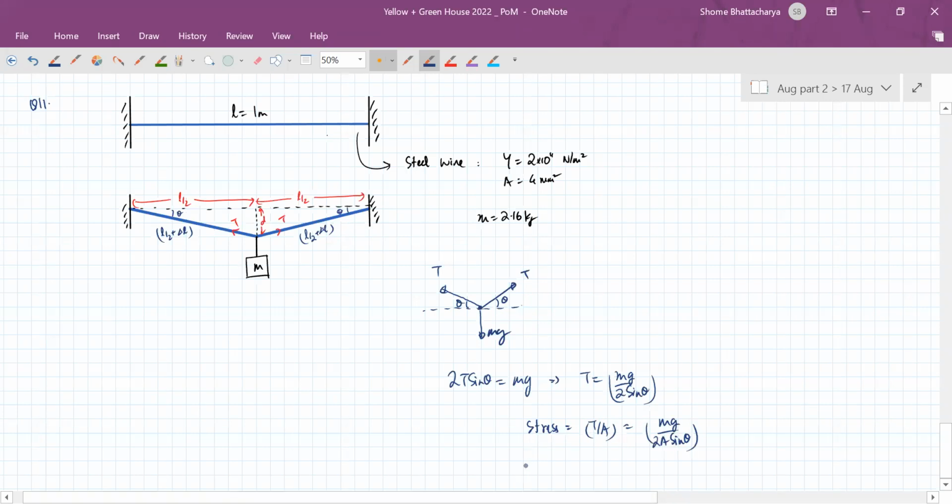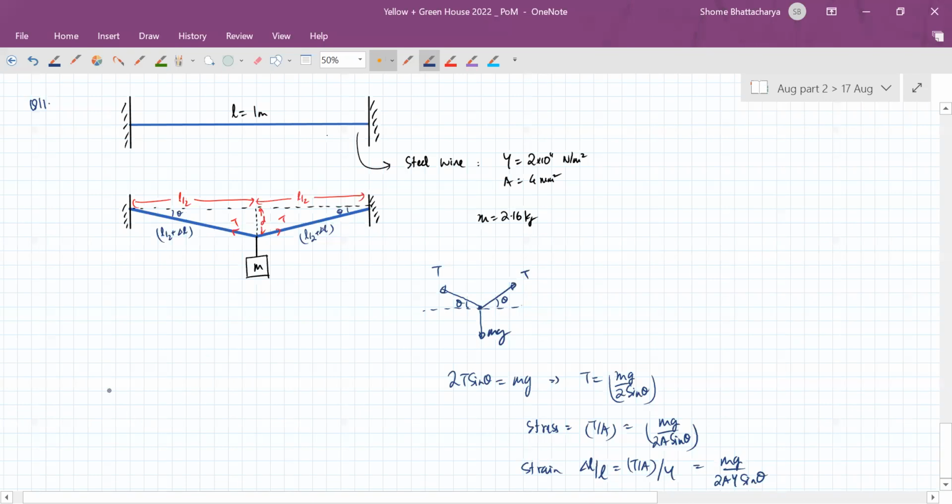And as a result of that, the strain developed is equal to stress divided by Young's modulus. That is this much.